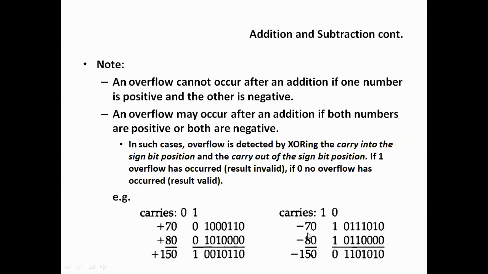Let us take this example. We have to add minus 70 and minus 80. If we add these, again there will be a problem. If we add these two, we get 1011011010.